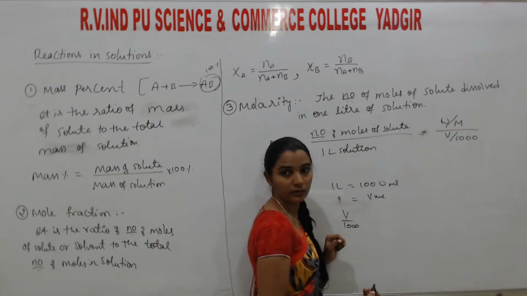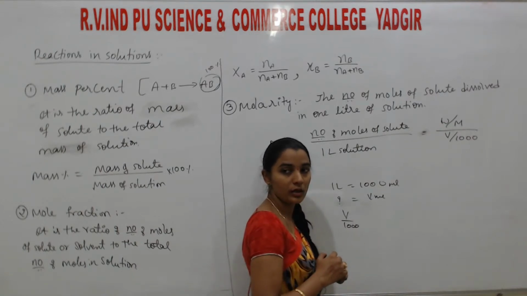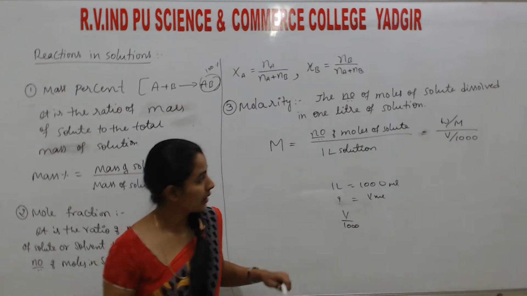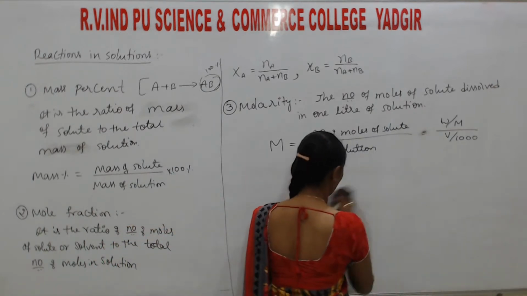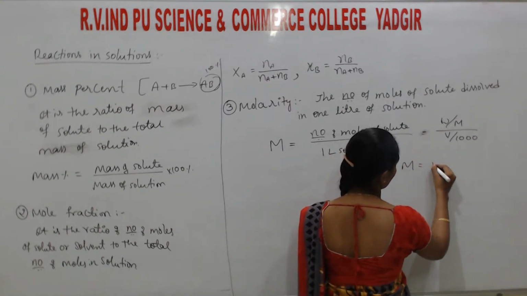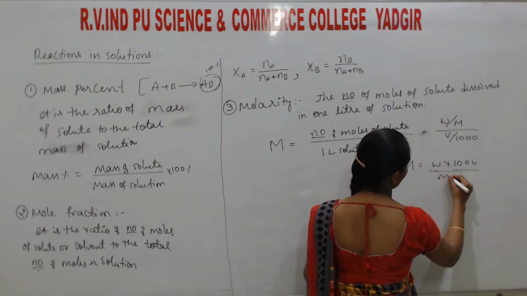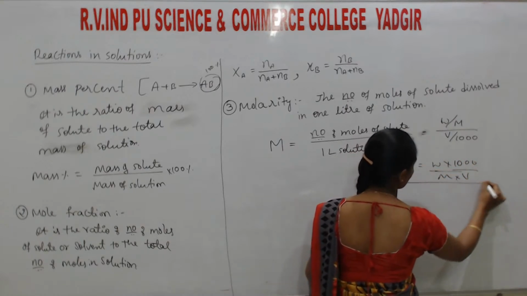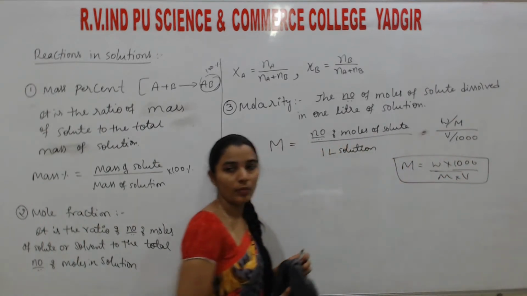What I wrote here: given volume divided by 1000 gives the liter. So overall value, you will get molarity is equal to W into 1000 divided by M into V. This is the formula. So it is represented by capital M.